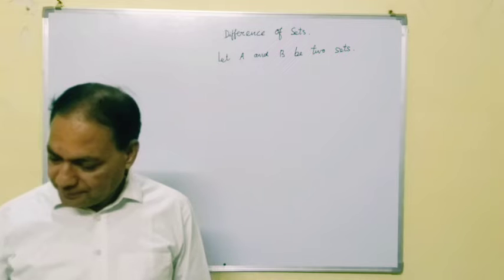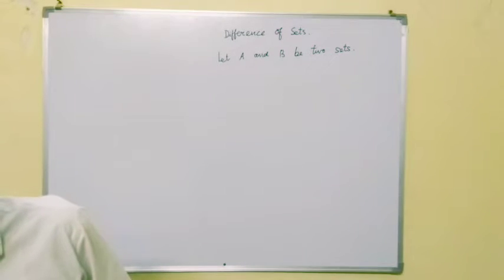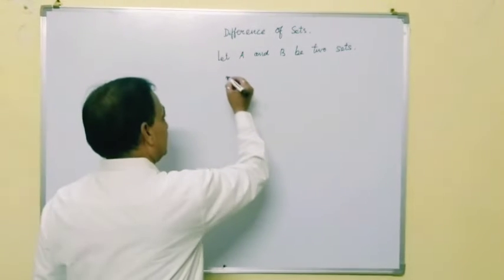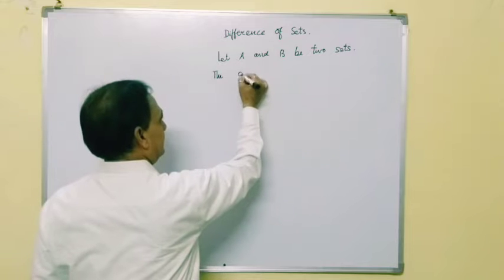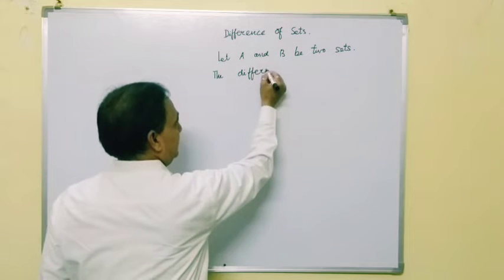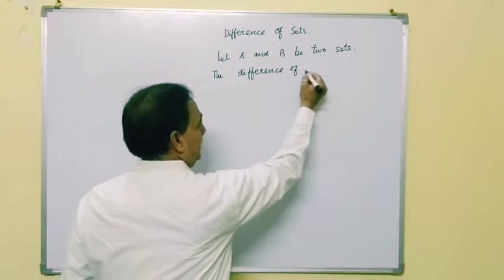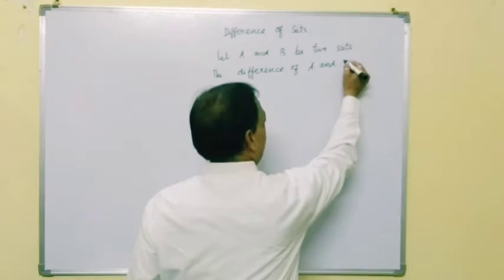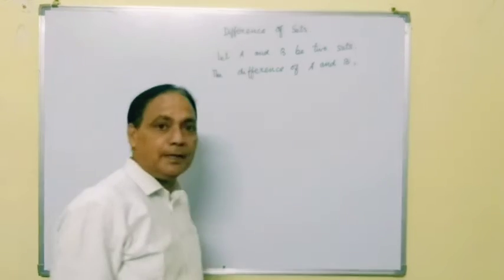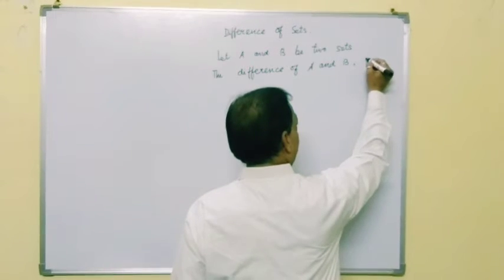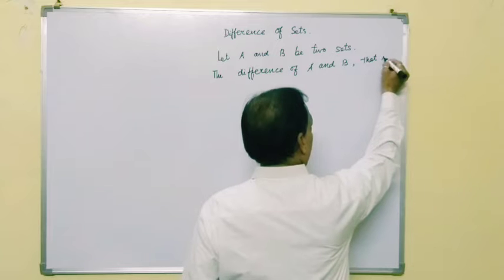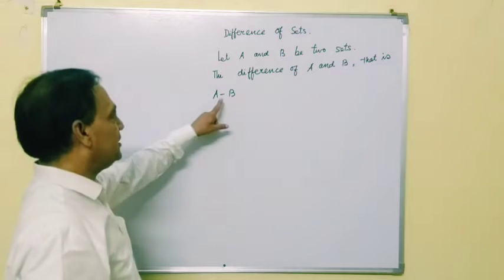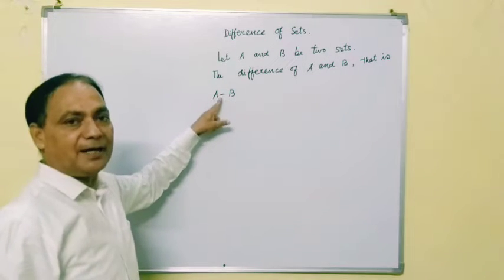The difference of A and B, that is A minus B. This is minus. This is A difference B or A minus B.